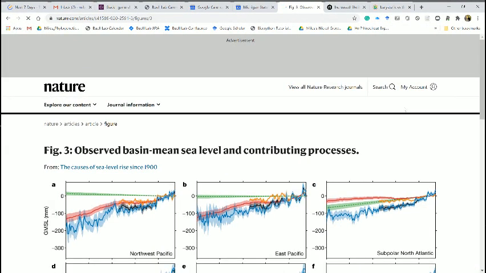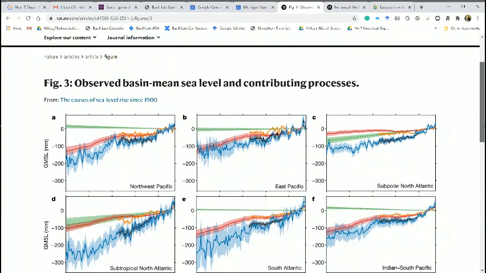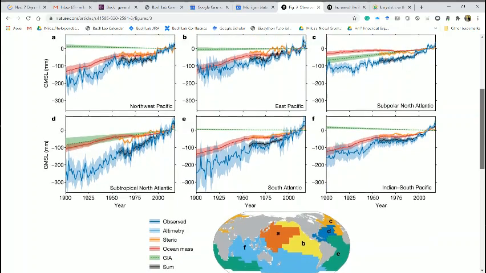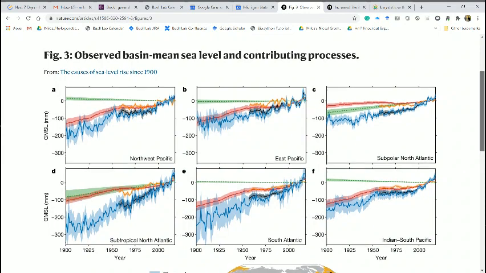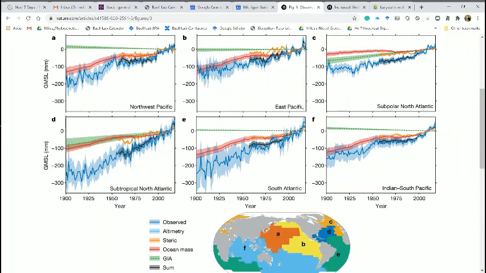Observed basin means sea level and contributing process. Okay, so again, we have year versus global mean sea level, and let's see what the different colors mean. Green is GIA, some other term I haven't heard before, while red is ocean mass, so the mass of water in all of Earth's oceans.